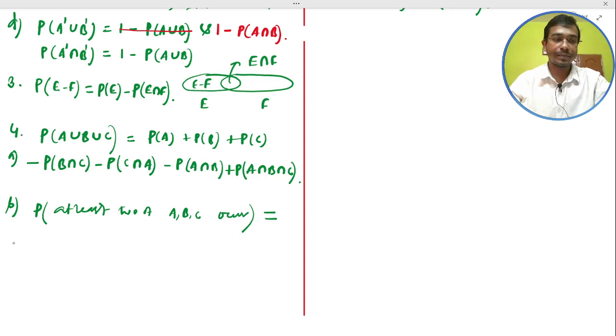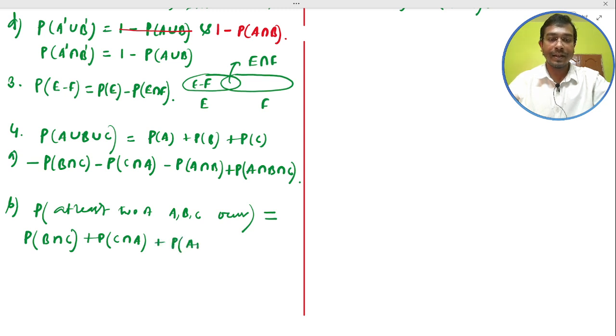That is equal to P of B intersection C plus P of C intersection A plus P of A intersection B, where intersection means the common part, minus 2 times P of A intersection B intersection C.